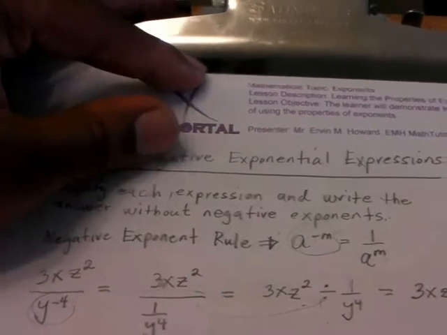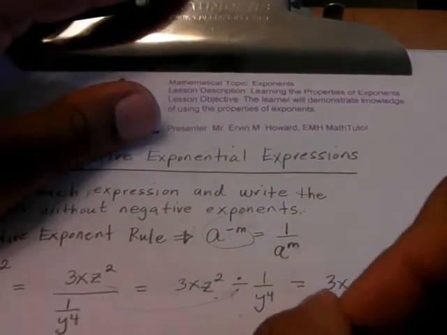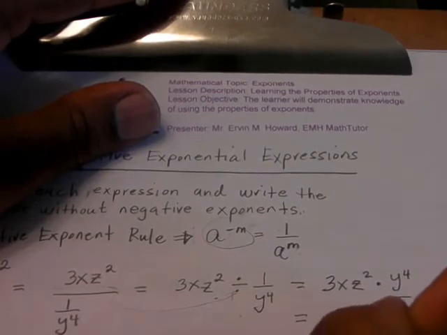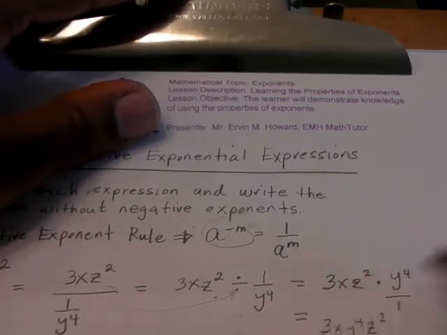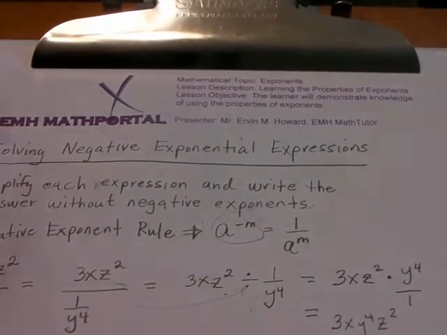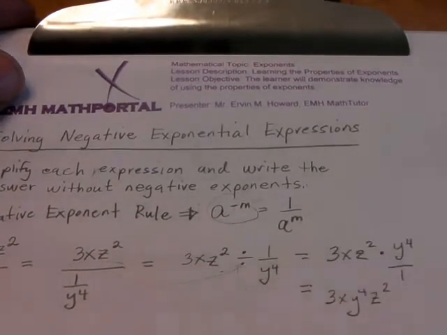Then this equals 3x y to the 4th z squared. I hope you all saw that example. This is how we apply the formula.